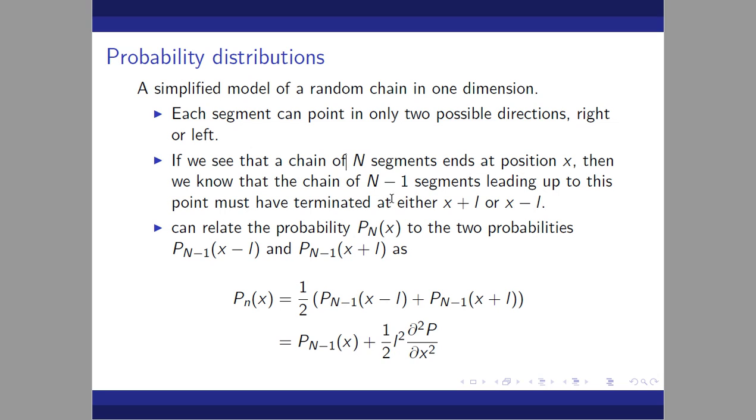So we can relate this probability Pn to probability Pn minus 1 at x minus l and Pn minus 1 at x plus l, as Pn equal to 1 over 2 Pn minus 1 (x minus l) plus Pn minus 1 (x plus l). So Pn minus 1 x equal to 1 over 2 l squared partial squared p over partial x squared. This one is just the Taylor expansion.